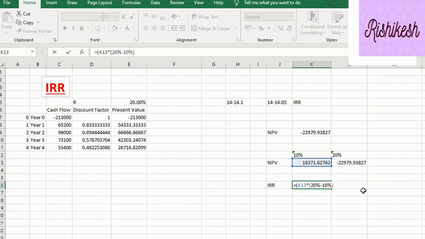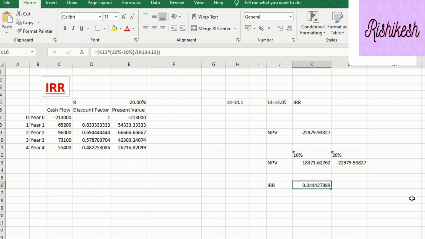So NPV at 10% multiplied by 20% minus 10%, divided by, again a bracket, NPV at 10% minus NPV at 20%. And now the bracket is closed.